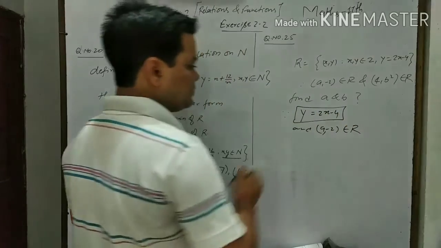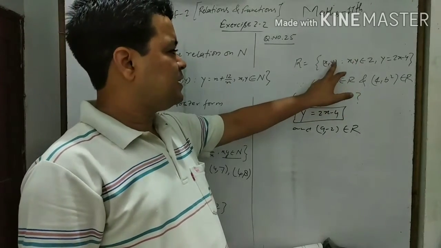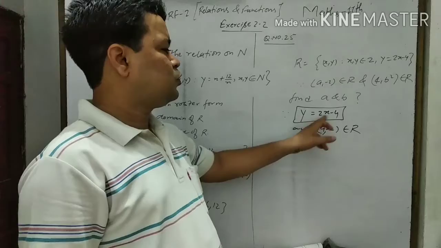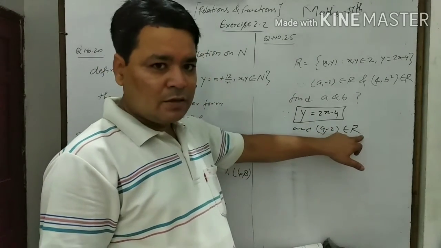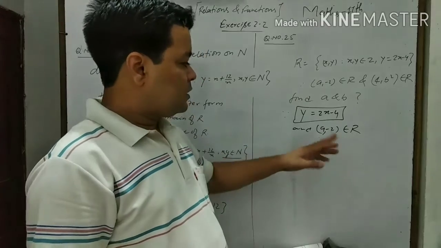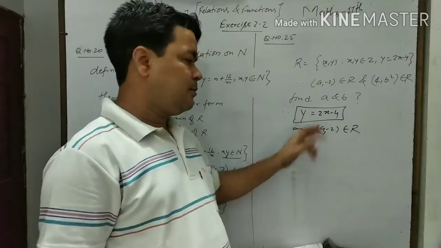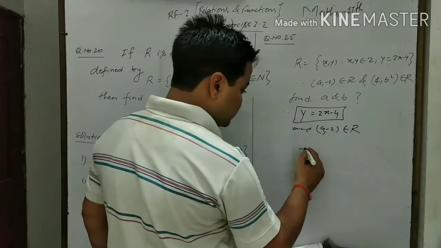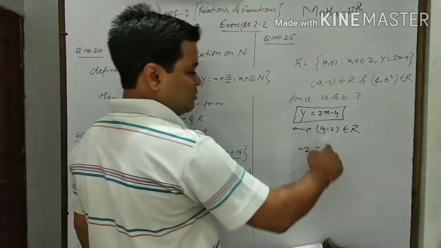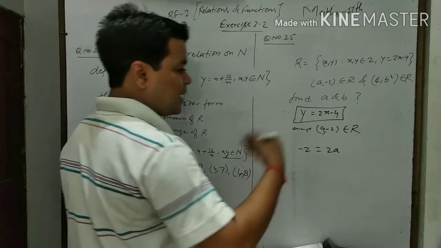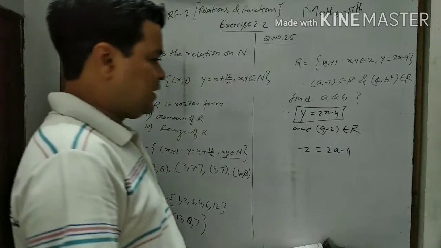Try to understand. According to the definition, the relation between x and y is y = 2x - 4. Therefore, the second term, that is -2, is equal to 2 into the first term, that is a, minus 4.